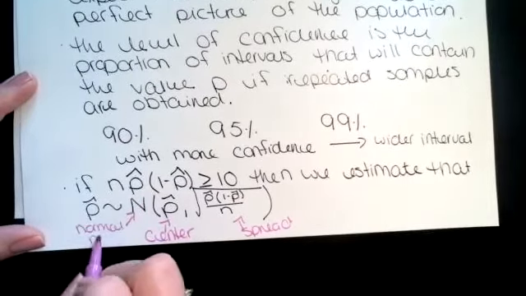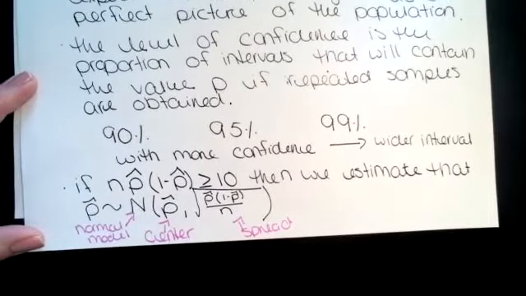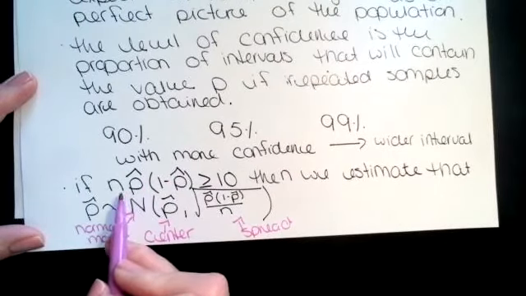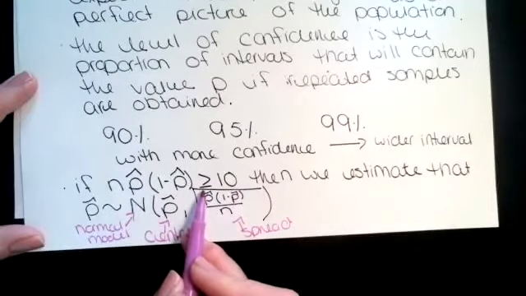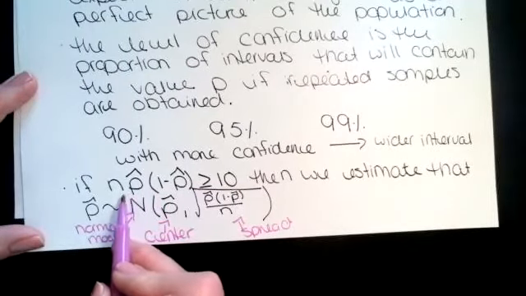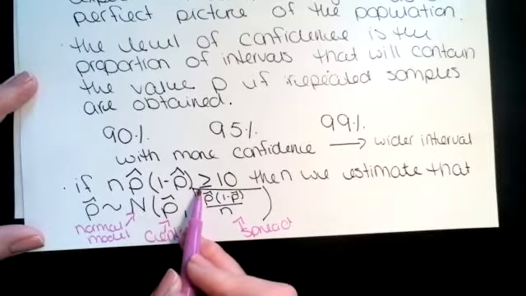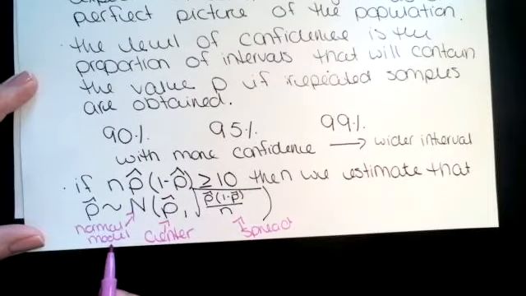There it is. So what I'm saying is if my normality check comes out, n times p hat times 1 minus p hat is greater than or equal to 10, that means it's symmetric. This means I have a normal, bell-shaped data set. Then I can use my normal probability model to calculate probabilities or percentages or anything that I want to look at, percentiles.